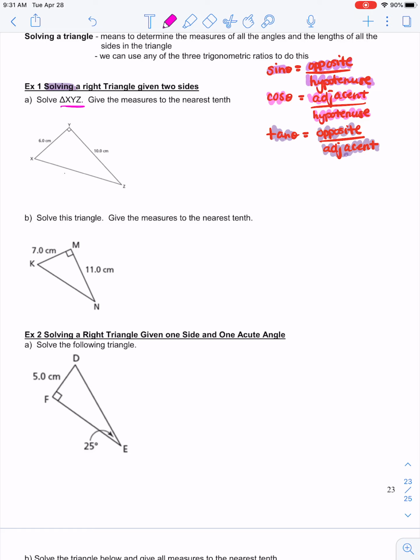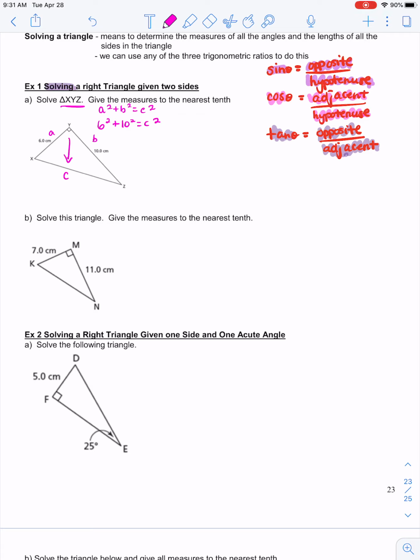We're going to use the Pythagorean theorem. The Pythagorean theorem says a squared plus b squared is equal to c squared. A and B are the legs of the triangle, and C is always the hypotenuse. So I'm going to use 6 as a squared plus 10 squared is equal to c squared.